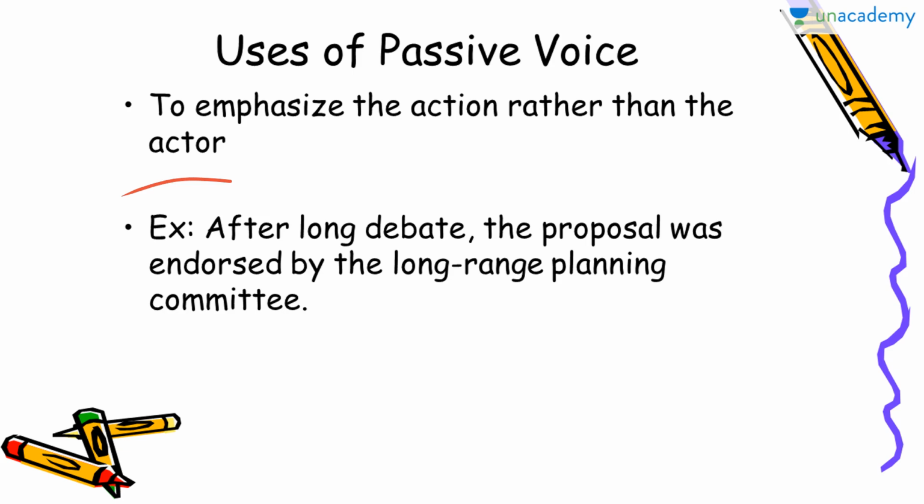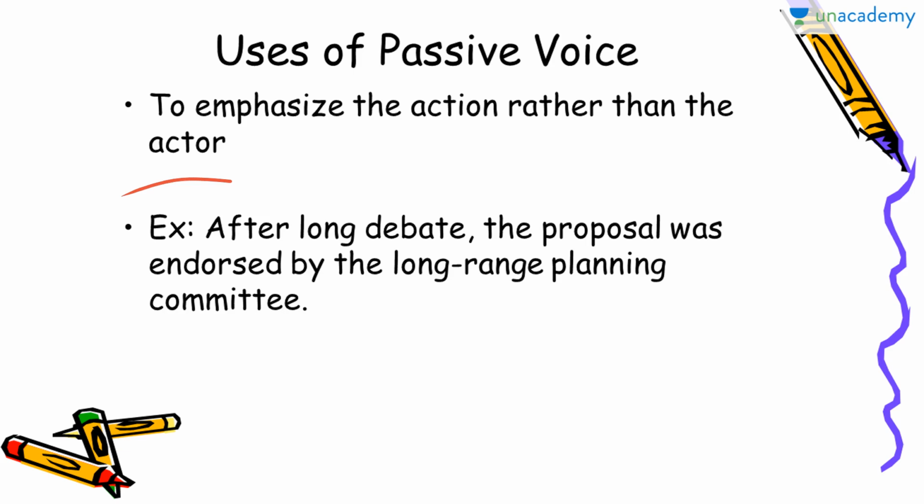And third, the thing on which that action is done. So passive voice is extremely useful when I want to tell about the thing on which the action is done. In such a case, passive voice is the best choice.